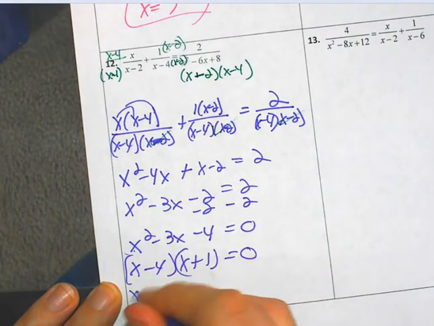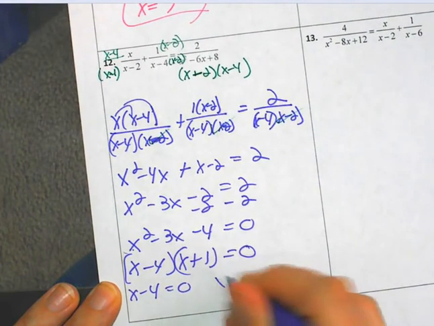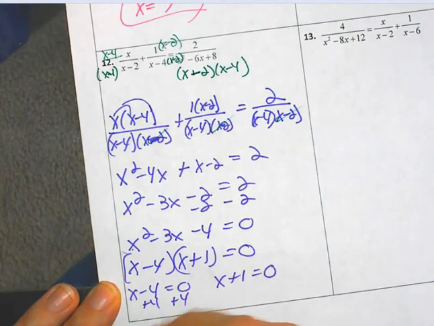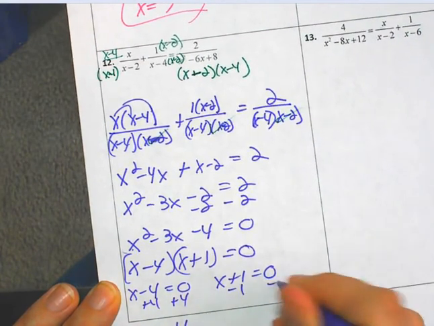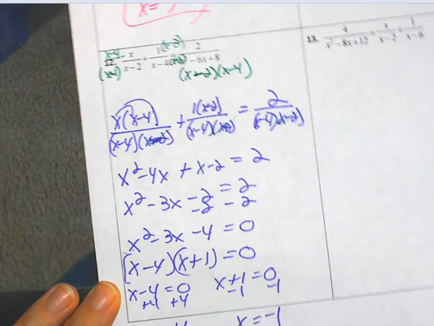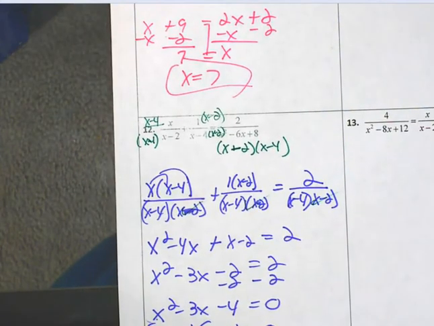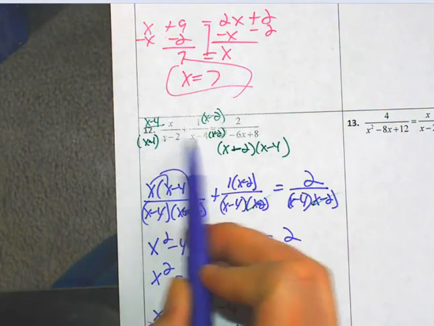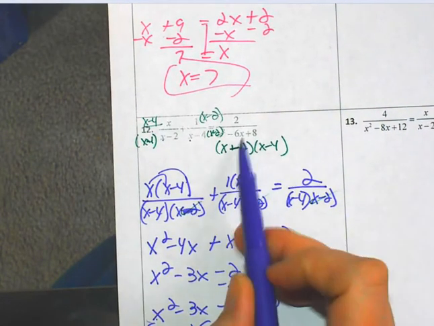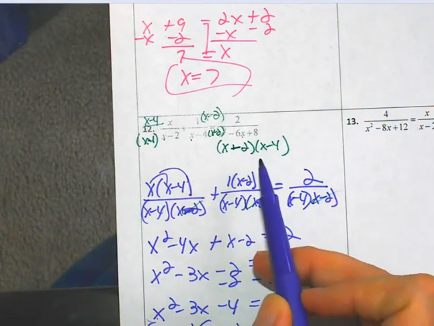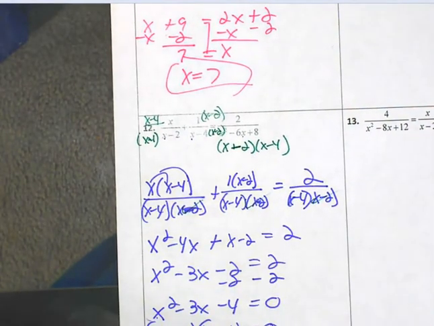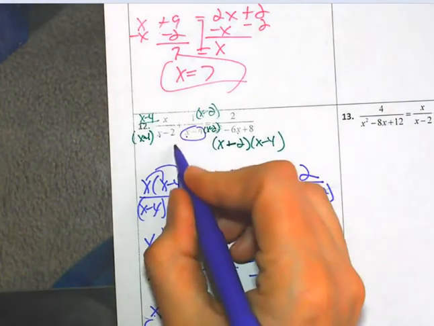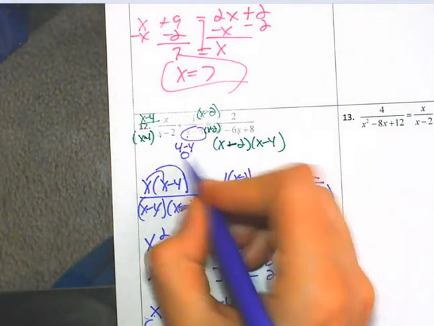Set each of your factors equal to 0. So plus 4. So x equals 4, minus 1, x equals negative 1. If you plug this back up here, okay, x equals negative 1, if I put it in any of these, and you can put it into your calculator if you don't see it, I'm not going to get 0, but if I put x equals 4, notice right here, if I put 4 minus 4, that's going to make my denominator 0.